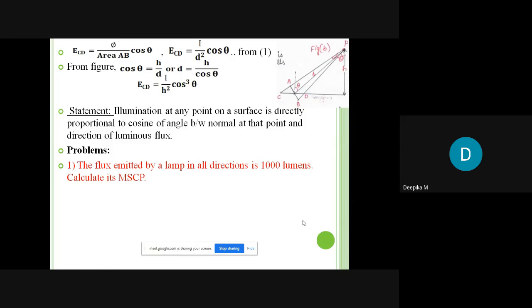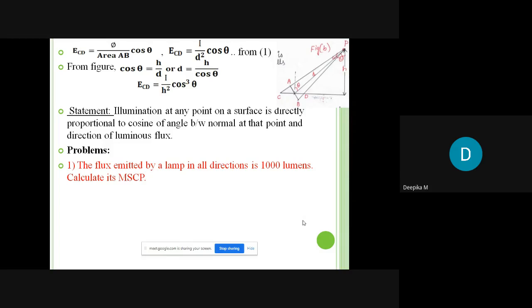One law is the inverse square law, where we got to know that the elimination on a surface is inversely proportional to the square of the distance between the source and the surface. The second law says that elimination at any point on the surface is directly proportional to the cosine of the angle between the normal drawn at that point and the direction of luminous flux. So we'll discuss the problems on this elimination.